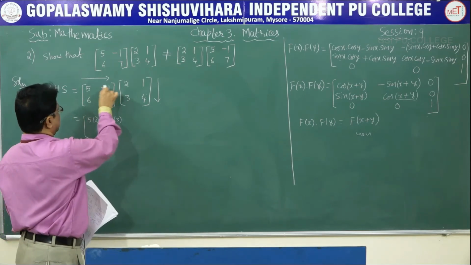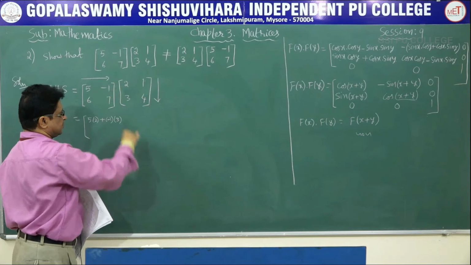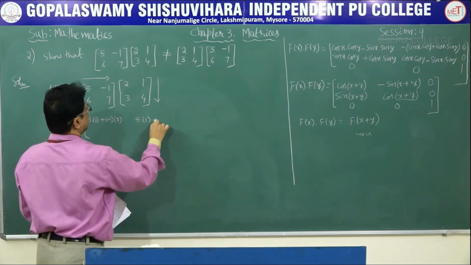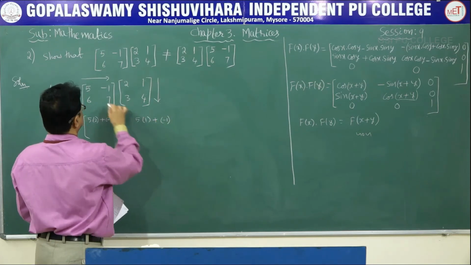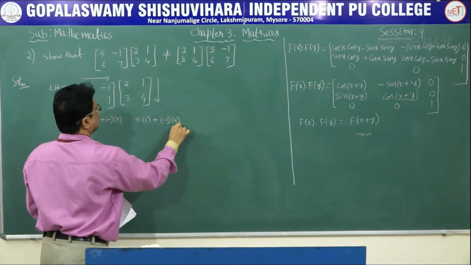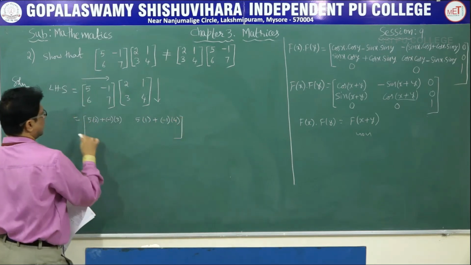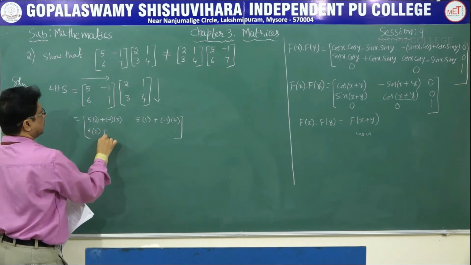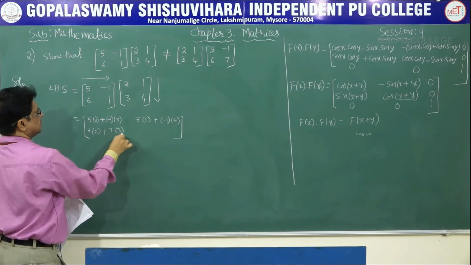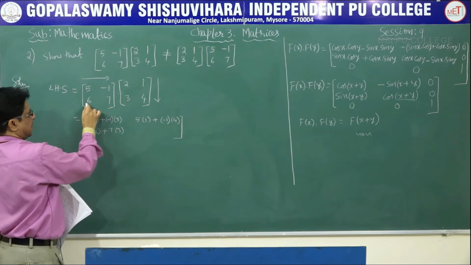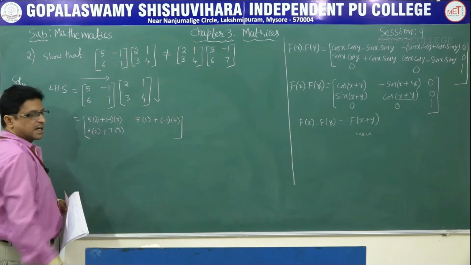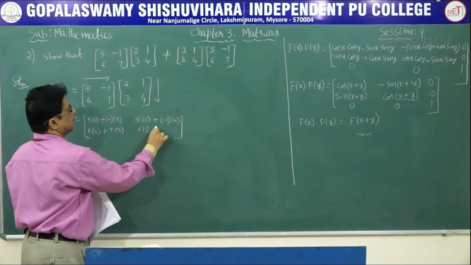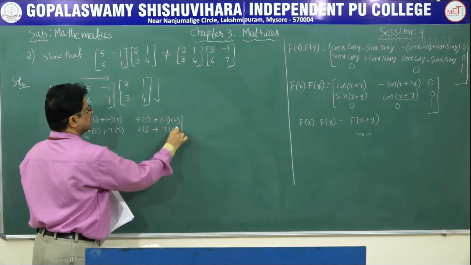Next, first row, second column, 5 into 1 plus minus 1 into 4. Second row into first column, 6 into 2 plus 7 into 3. Next, second row into second column, that is 6 into 1 plus 7 into 4.